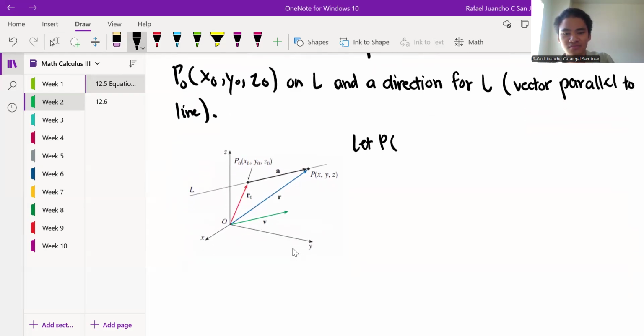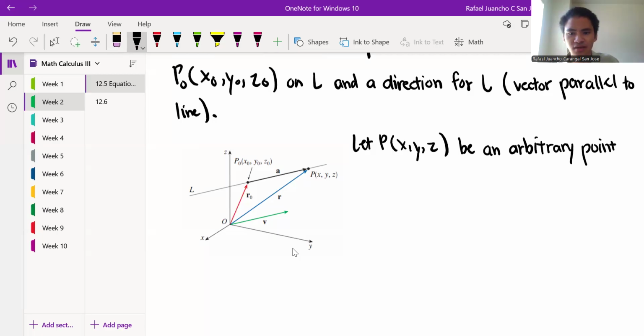We let P(x, y, z), referring to this point here. This is an arbitrary point, meaning it can be any point. And what do we know about this point? It's on L, this line L. The point is here.